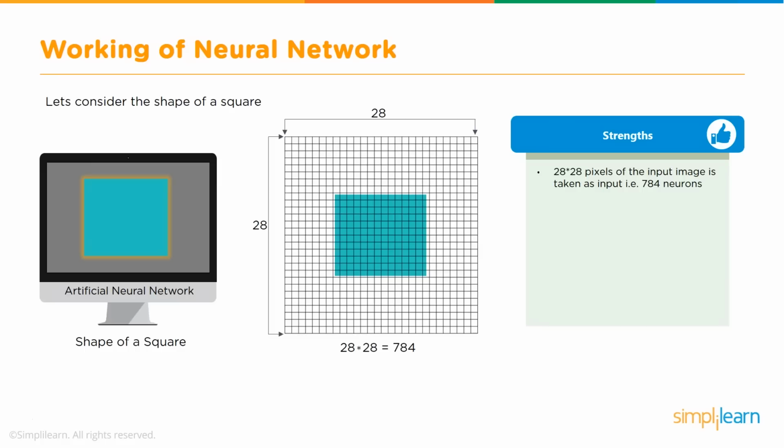Any image is nothing but digital information of pixels. So in this particular case, let's say this is an image of 28 by 28 pixels, and this is an image of a square.